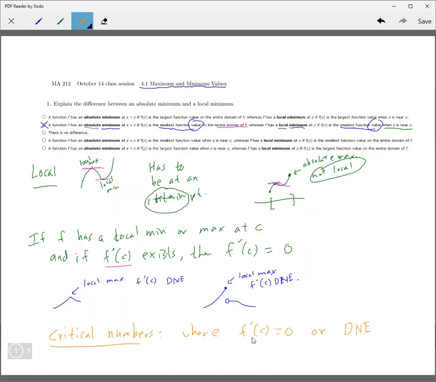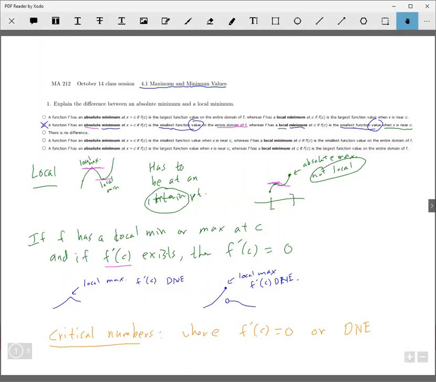If you have a function and you want to find local minimums and local maximums, you can take the derivative and see where it's 0 and where it doesn't exist. Those are all of your candidates for local maximums and minimums. It has to satisfy one or the other of these. That's another way of saying this statement: if it's a local minimum or maximum, then the derivative is 0 or it doesn't exist.